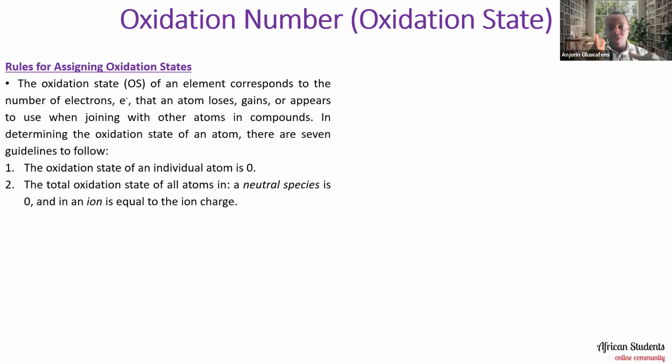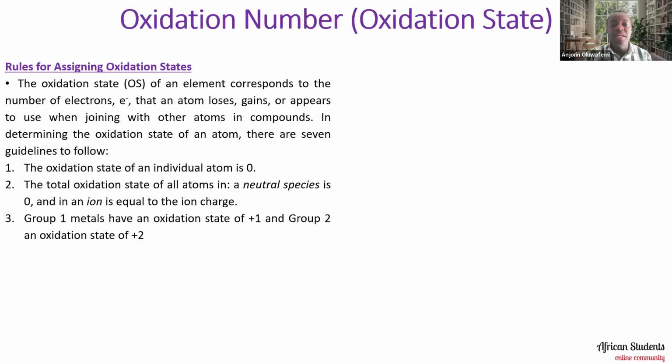That is the overall charge on that particular compound or ion. So it is sulfur plus oxygen, which will be equal to -2. It is a bit different: it will be equal to the overall charge. But for a neutral species like sodium chloride, it is just equal to 0. And that is what guideline number 2 is talking about.